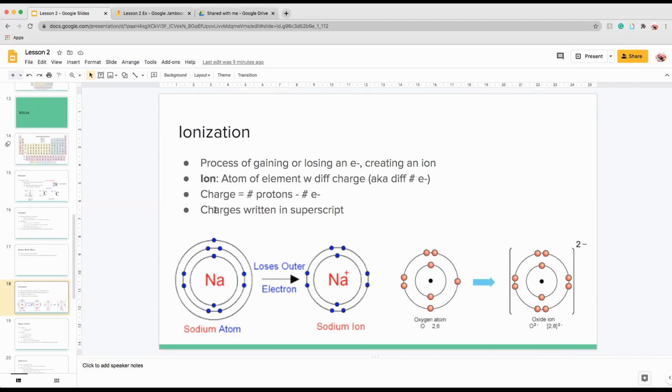The charge of an atom is written in superscript. So here we have sodium, which has no charge. But here, because sodium has lost an electron, it now has a charge of +1, which you will write with a positive sign on the upper right of the element.